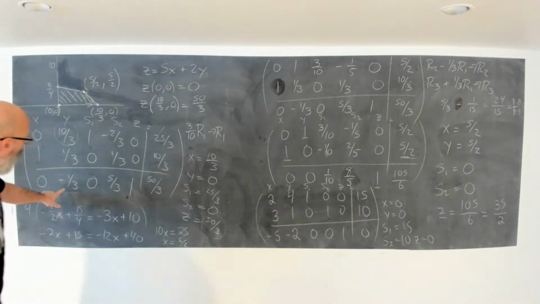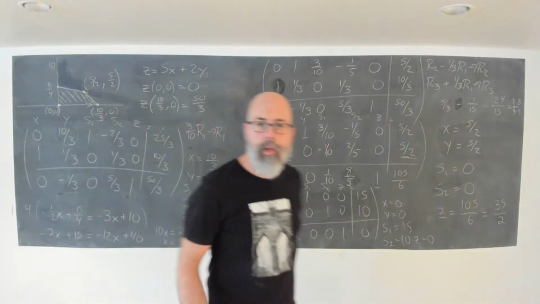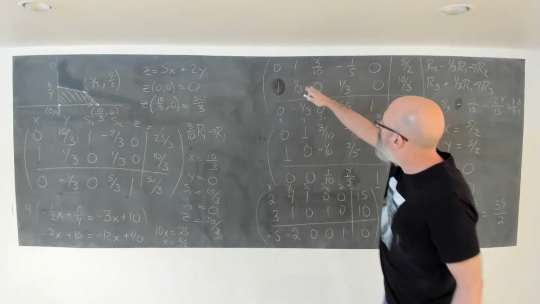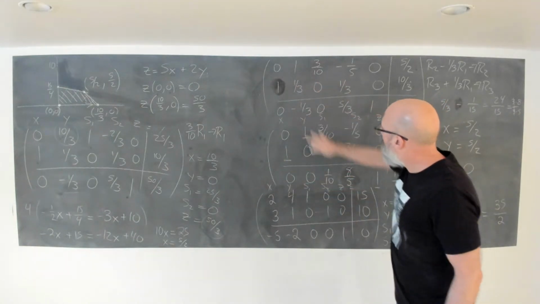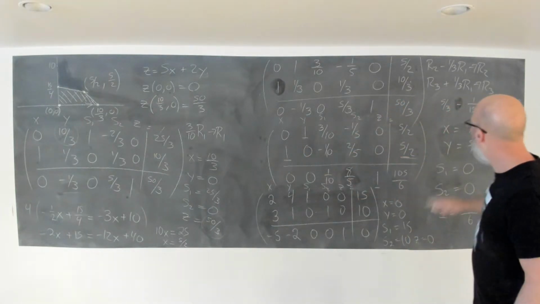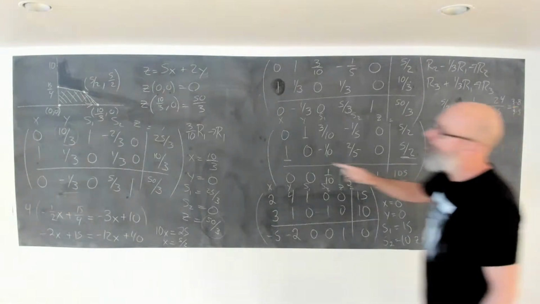But this is not the final simplex tableau because we still have a negative in the last row. So we do another pivot operation, blah, blah, blah. We get to this, where X is 5 over 2, Y is 5 over 2.